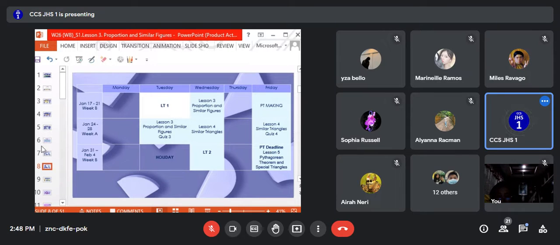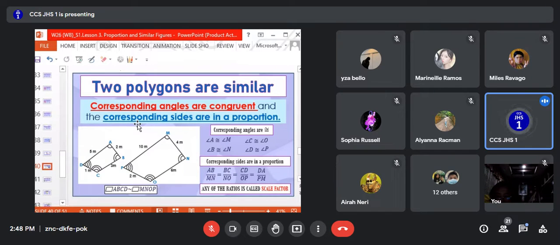Okay, clear? So we discussed proportion, and we know that proportion is the statement of equality between two ratios. We also discussed the three properties of proportions. Then, moving forward to similar polygons, we can say that two polygons are similar if there are two conditions: corresponding angles are congruent, and the corresponding sides are in proportion.